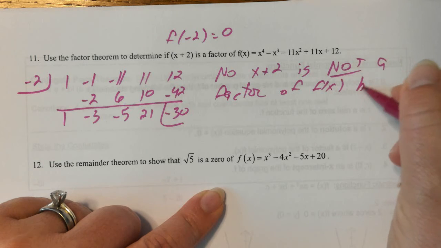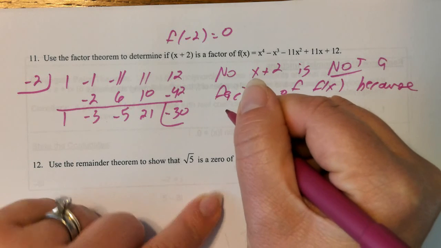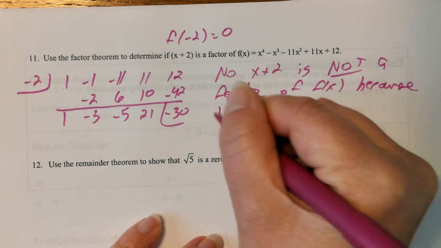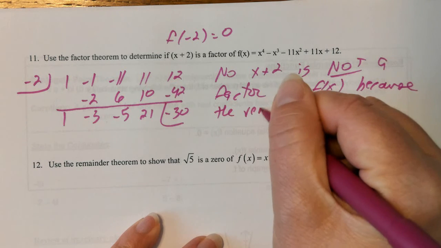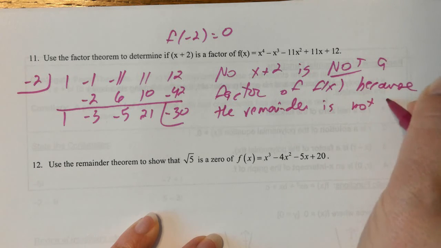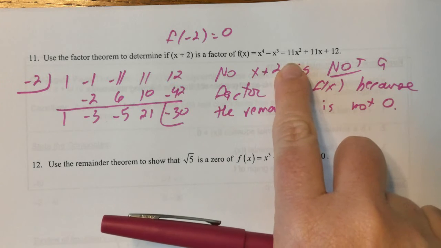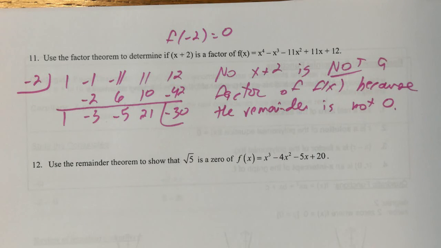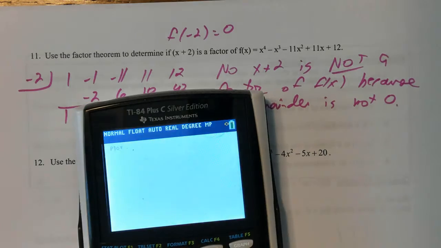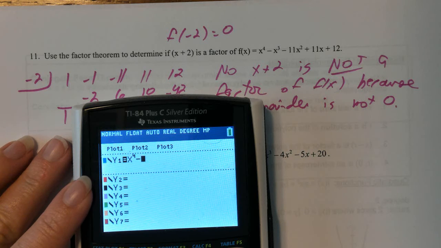And the reason I know that is because the remainder is not 0. If I graph this thing in my calculator, it will not touch the x-axis at -2. Okay? X plus 2 is not a factor. I want to graph that.